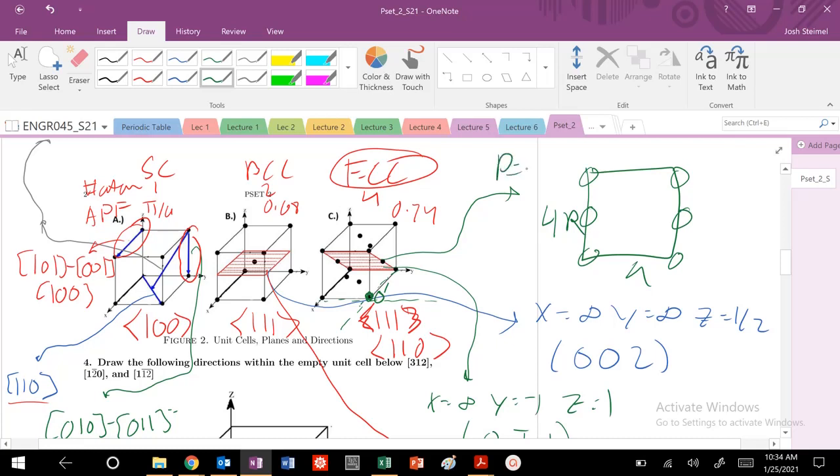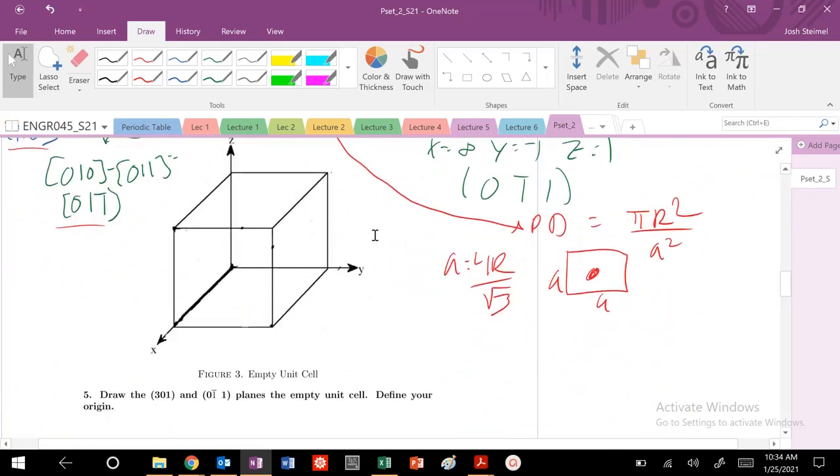So what's my PD equation? How many atoms? 1, 2, or quarter. And then what else? I have half there. So I have 2 atoms. So 2 pi r squared divided by, again, 4r times A, where A is equal to 2 root 2 r. So you can prove that that is not a close packed plane.